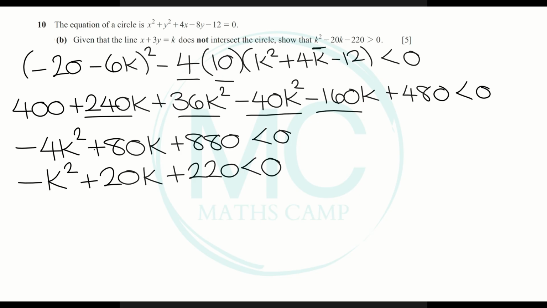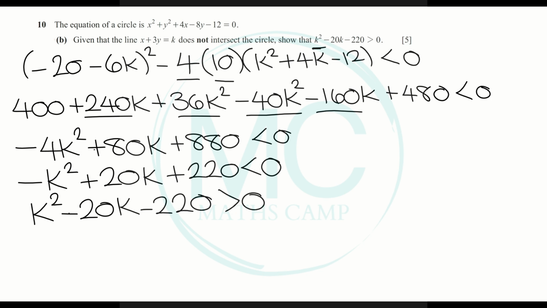But in the question, the square term is positive. So let's move everything to the right. And I'm going to have k squared minus 20k minus 220 is now greater than 0. And we have completed this question.